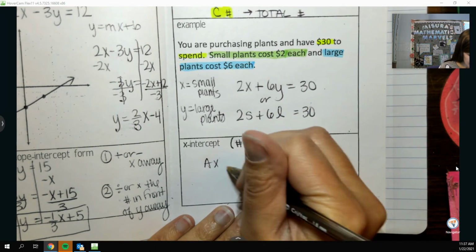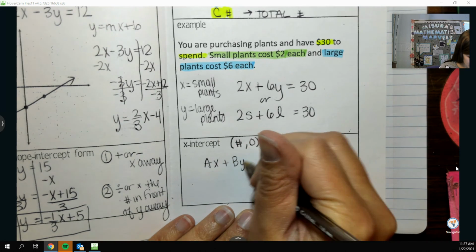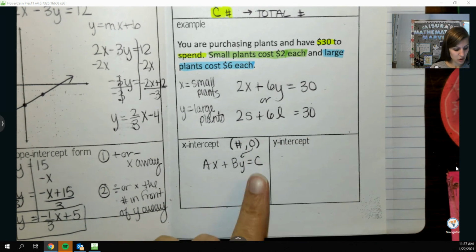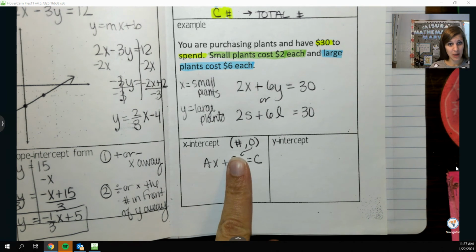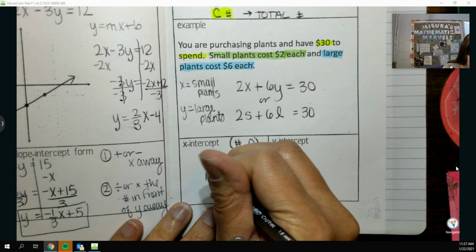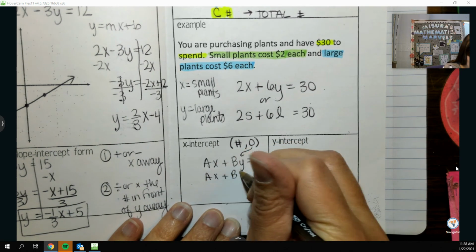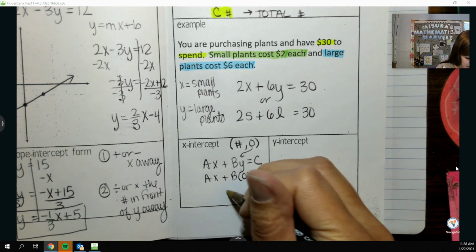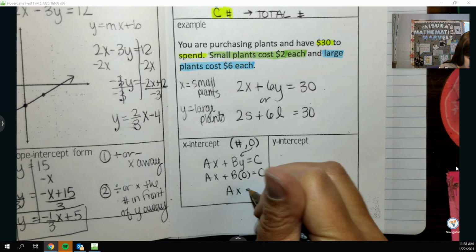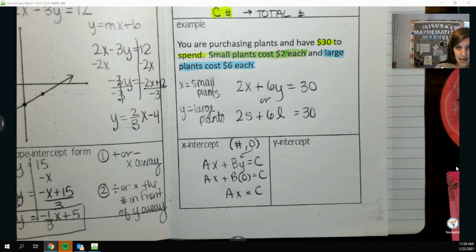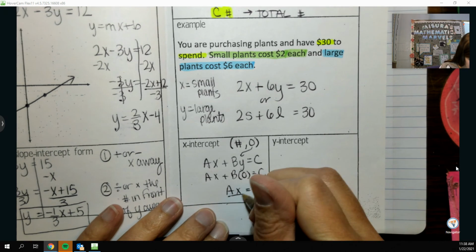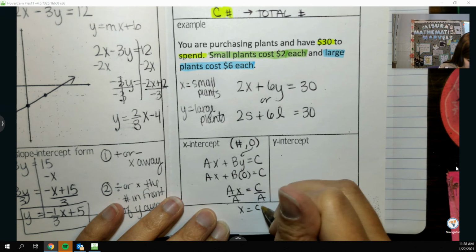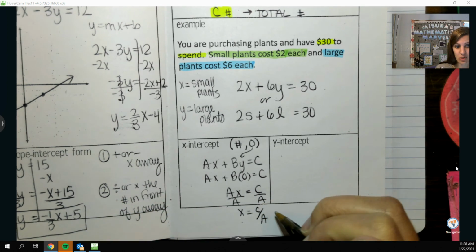So in the equation AX plus BY equals C, I can always replace Y with 0, which will make this whole term disappear. 0 times anything disappears, and so we're left with AX equals C. And then to solve for X, I just divide by A. I know it feels weird to do it with all letters, but normally you're going to be doing it with numbers, and we're going to try something like that.